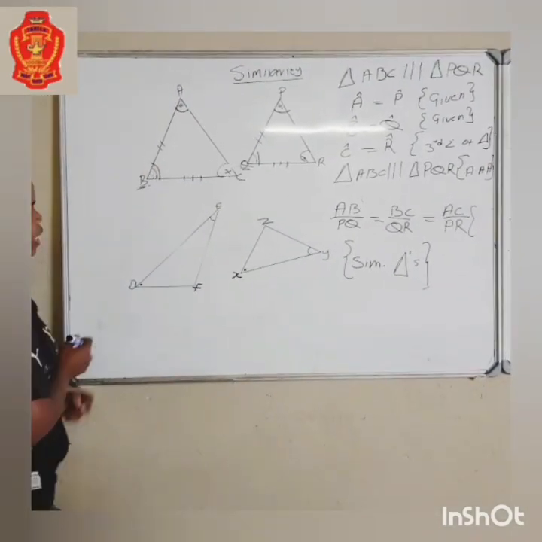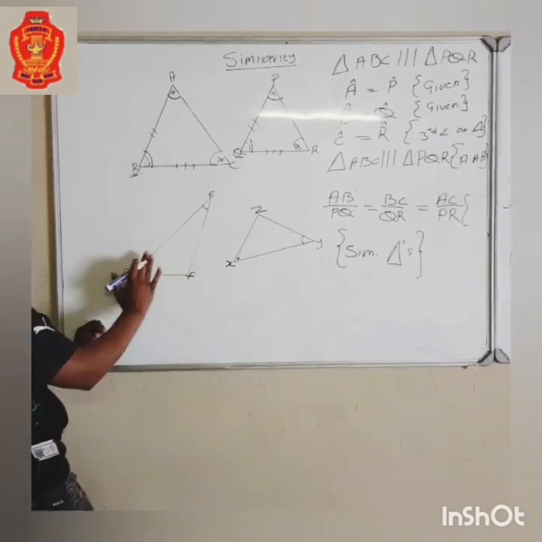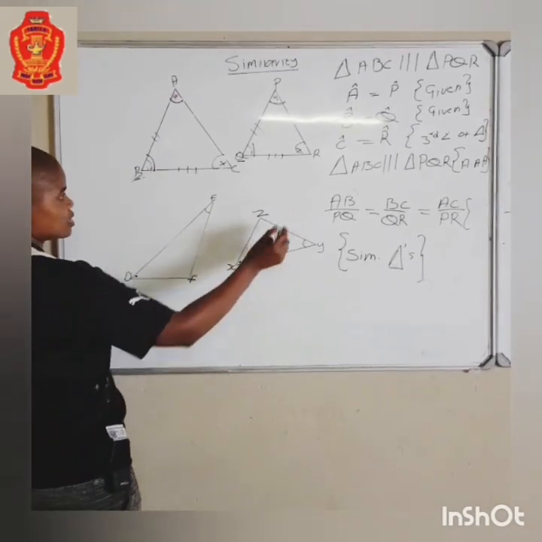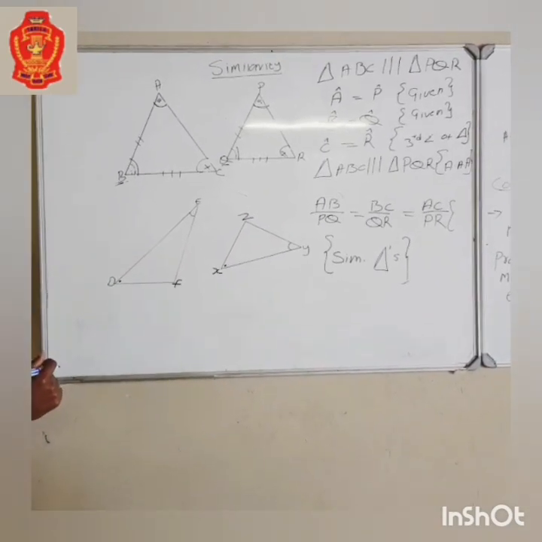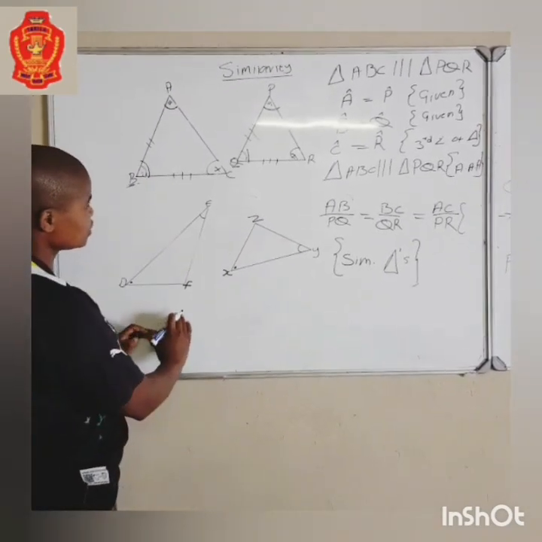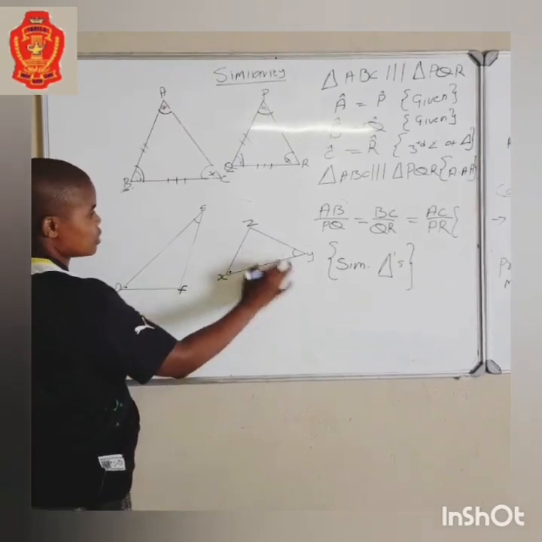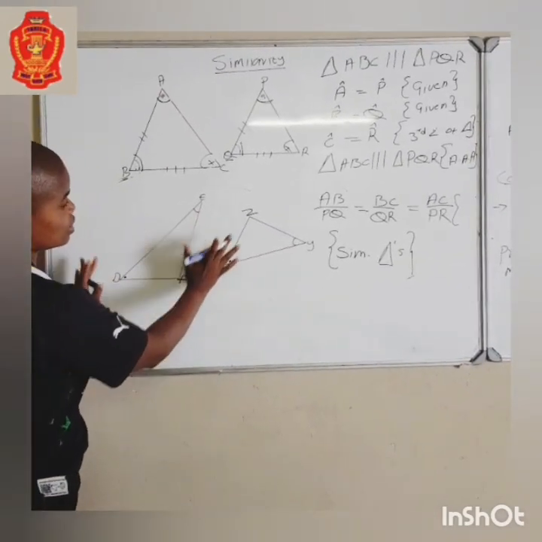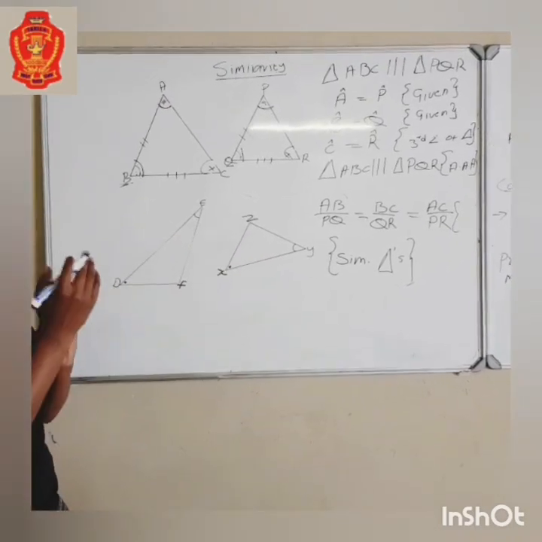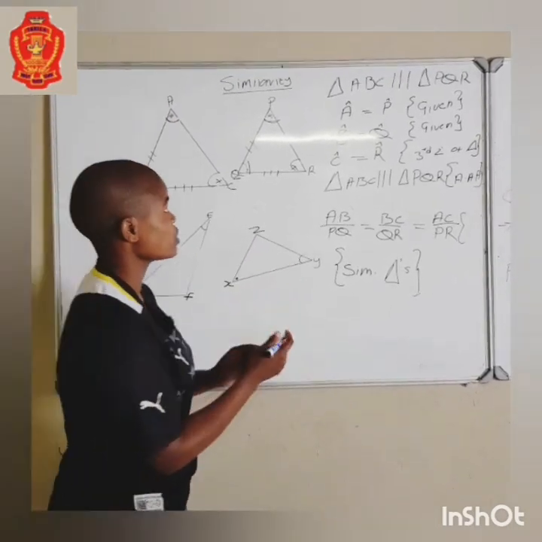So now we are moving on to the next set of similar triangles. I've got triangle DEF and XYZ. Before I go on to this set of triangles, I want to show you something that is very important.